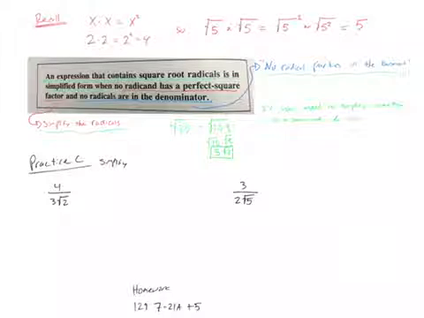So for right now, simplified means there's no radicals in the denominator. Okay? Now, in order to get them out of the denominator, we need to go up here, which I don't know why I wrote it up here, but anyways, we need to remember this stuff. Remember, if we have x times x, it just gives us x squared. So 2 times 2 is 2 squared, or 4. So if we have something like this, the square root of 5 times the square root of 5, that's the square root of 5 squared. These two mean the same thing.